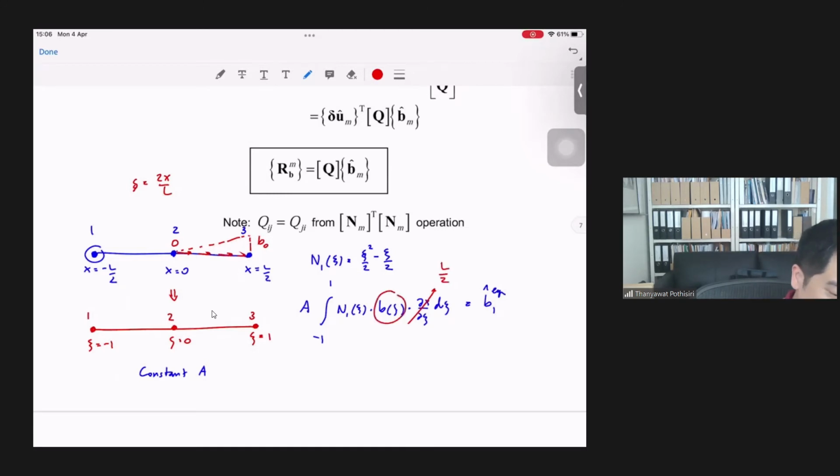And this function of the body force, because we have a linear variation like this, if you write it in terms of xi, the body force function should be B0 multiplied with xi. So this should be the body force function.